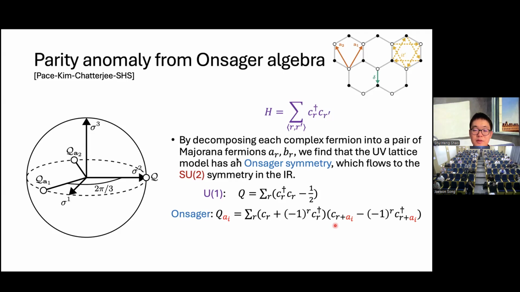So the Onsager algebra in 2+1D and in 1+1D, are they different Onsager algebras, or the same? The short answer is that they are basically the same. Then does it mean that in the 1+1D model there is still an SU2 symmetry somehow in the continuum? No. It's the same lattice algebra, but depending on the space-time dimension and the Hamiltonian you choose, that same lattice algebra can become different continuum symmetries.